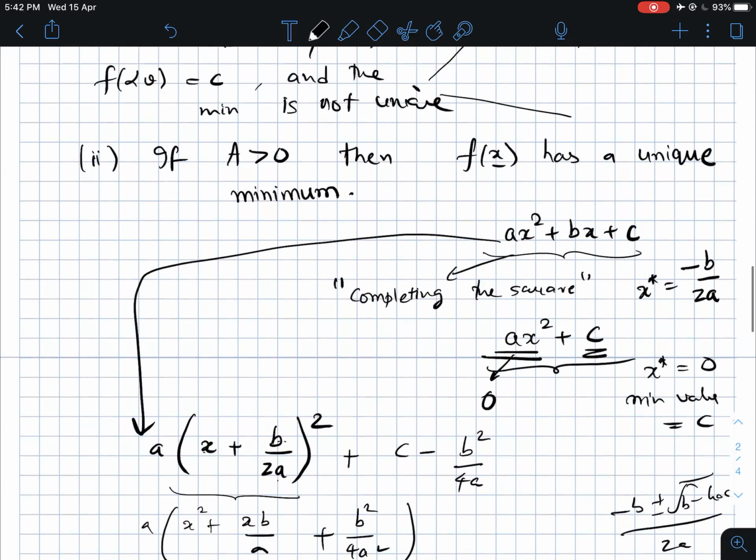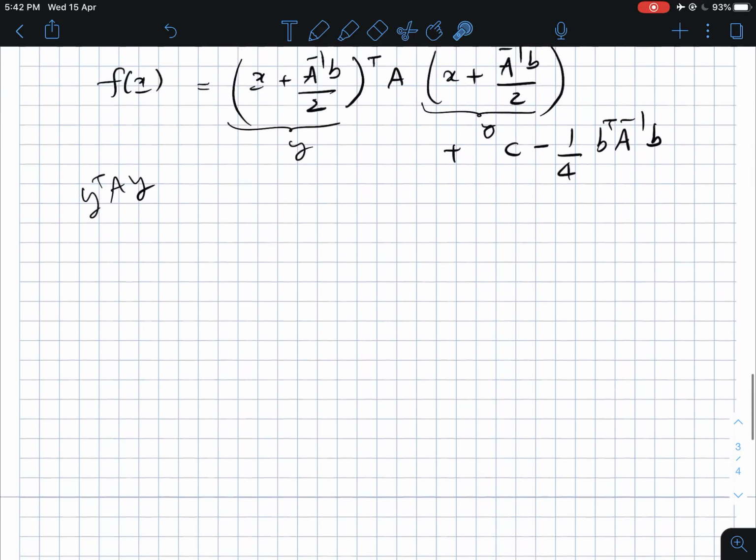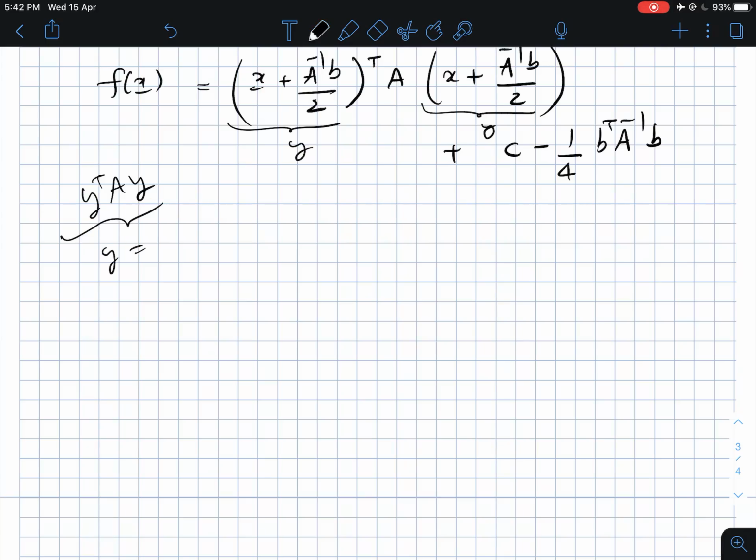In this part, we're actually starting with the assumption that A is positive definite. If A is positive definite, then the smallest value of y transpose Ay has to be when y is 0, because y transpose Ay is always positive otherwise. So the only minimum will happen at y equal to 0. That's the unique minimum for a quadratic form.